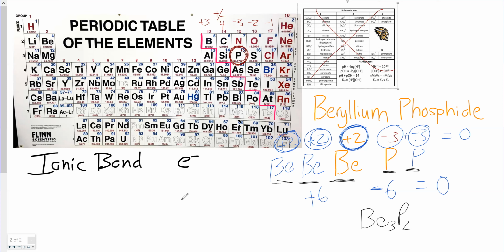BE3 P2. This little number down here is called a subscript. It tells me how many atoms of that element I need. For example, if you see H2O, that means I have 2 H's and I have 1 O. If you see C2H3O2, that means I have 2 carbons, 3 hydrogens, and 2 oxygens, all connected.